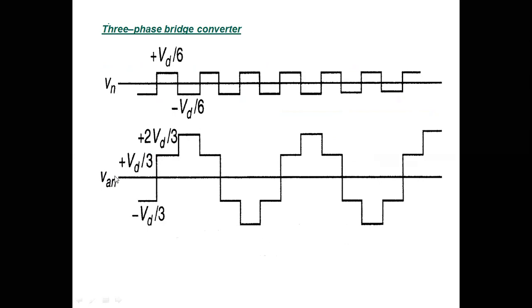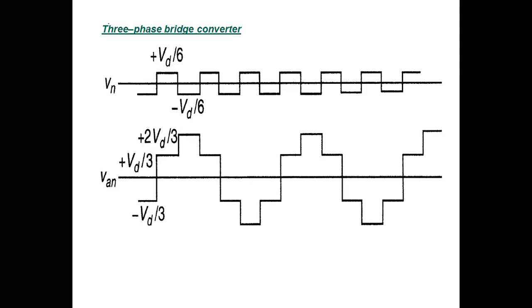You can see that already we have drawn phase voltages, that is Va with respect to capital N. Now we are calculating that with respect to small n. Remember, small n. Whenever Va is conducting you get positive voltage, that is Vd by 2, and whenever the fourth one is conducting, you will get minus Vd by 2 in phase A. Again, this Van you are calculating, that is Va minus small vn.